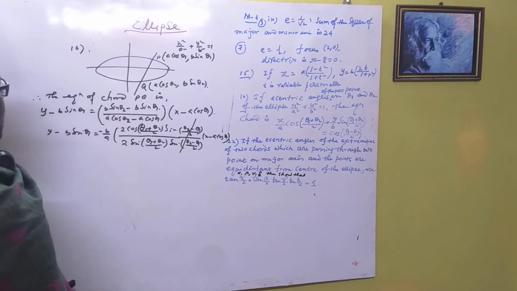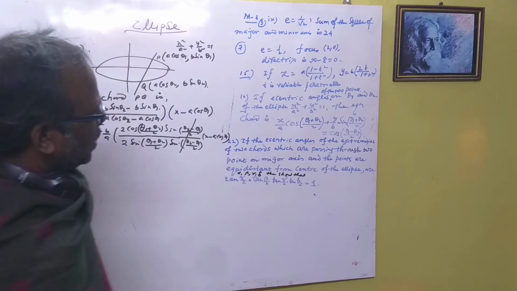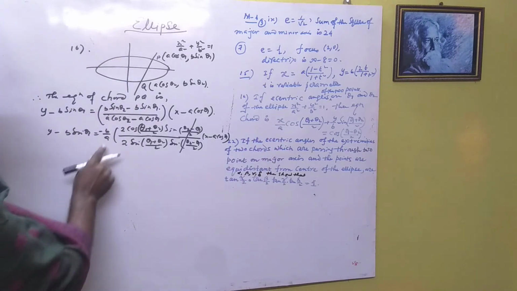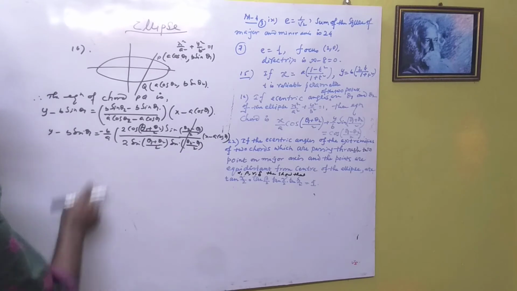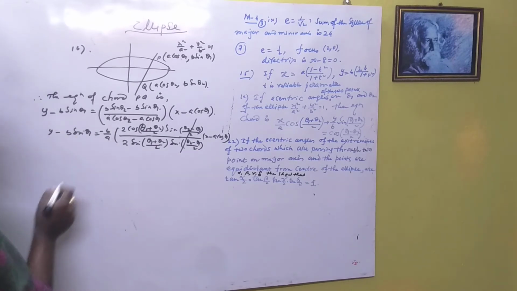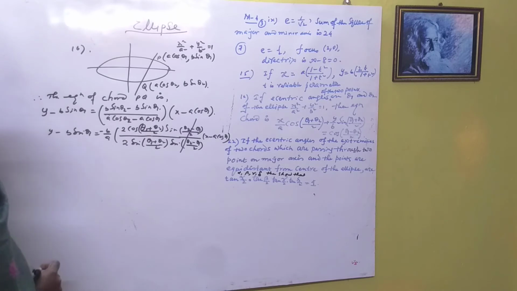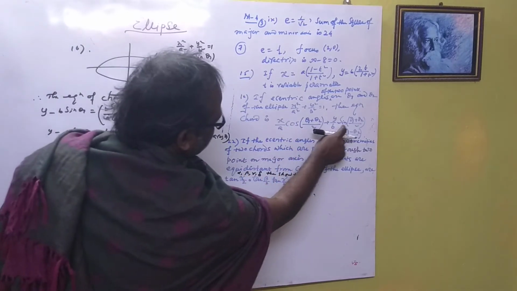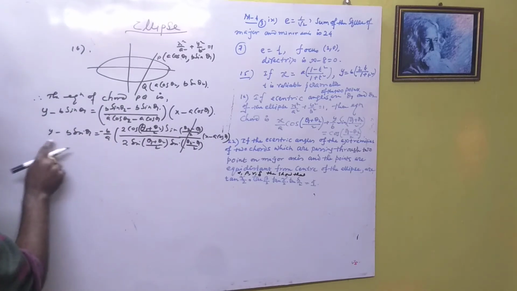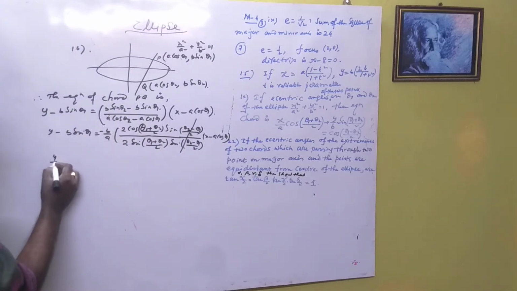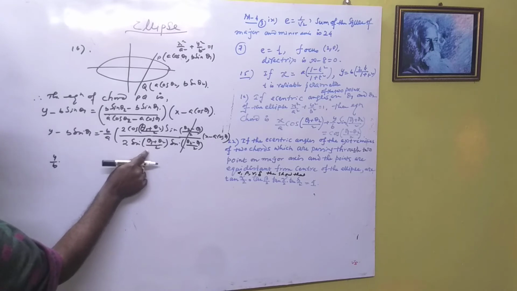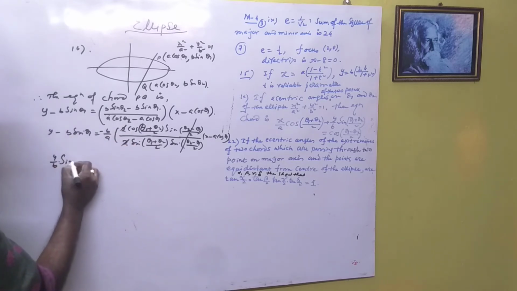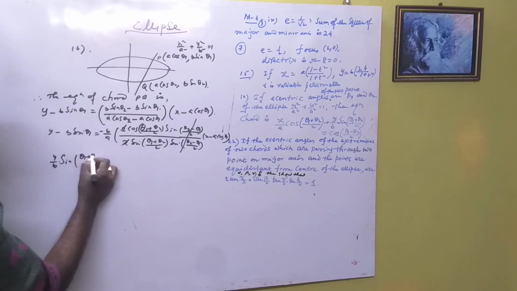These two factors are cancelled, and now we write x by a. So we can divide by y by b here, and multiply by this factor, the 2s are cancelled, sin of (theta 1 plus theta 2) by 2.